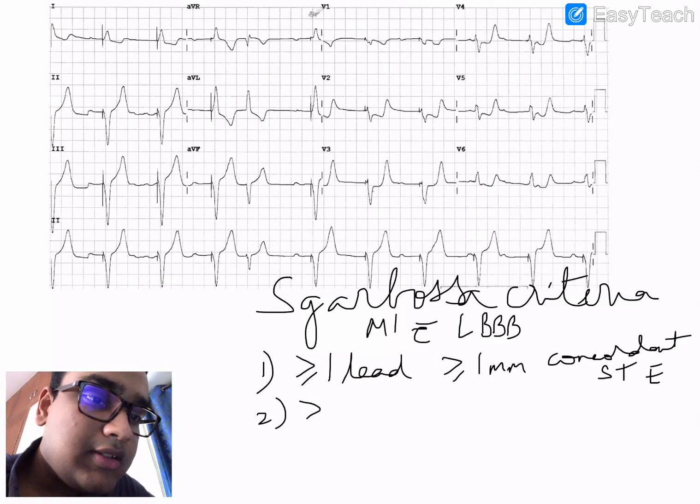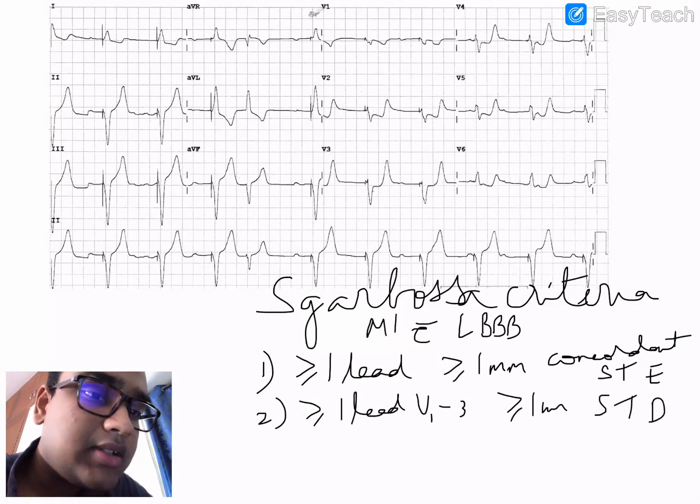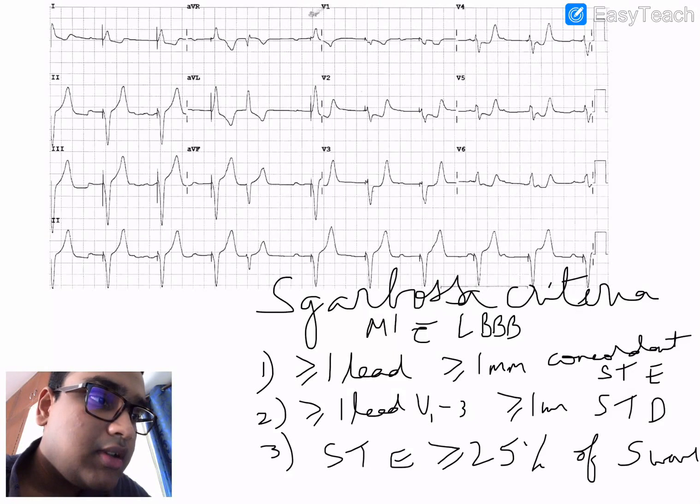The second is more than one lead in V1 to V3 showing more than 1 mm of concordant ST depression. And the third is that the ST elevation should be more than or equal to 25% of the preceding S wave. So this is very easy to see.